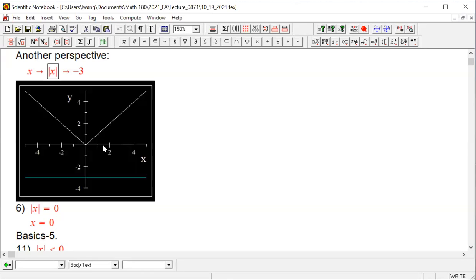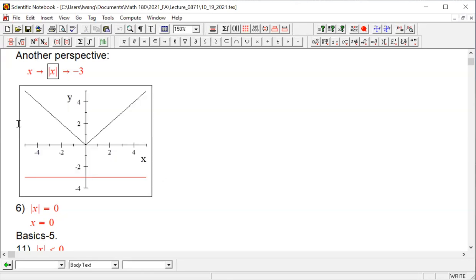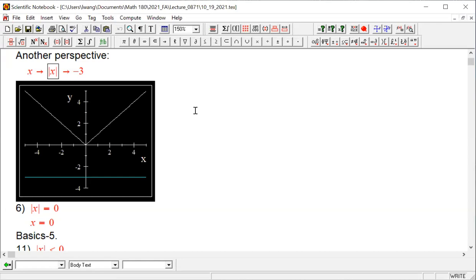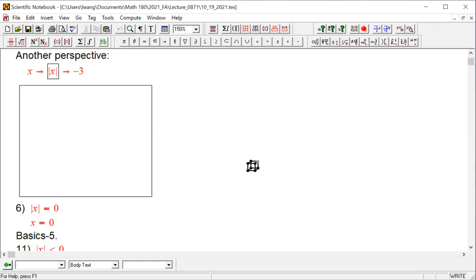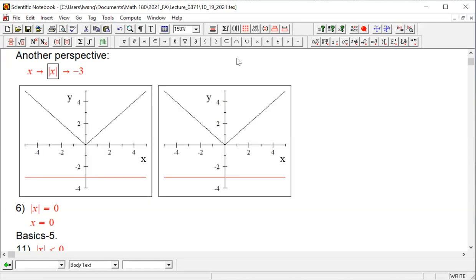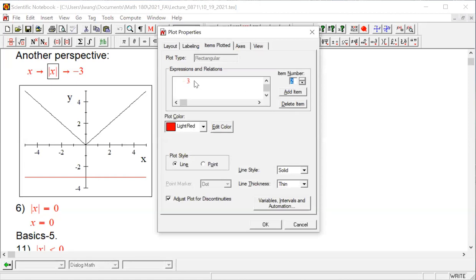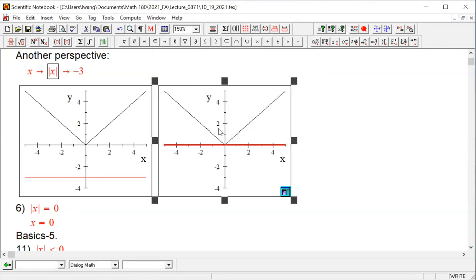Okay, you can see it from this perspective. From that perspective, what would the line be here? The line would be 0, right? It crosses at one place.